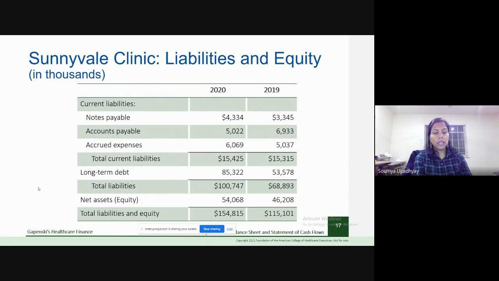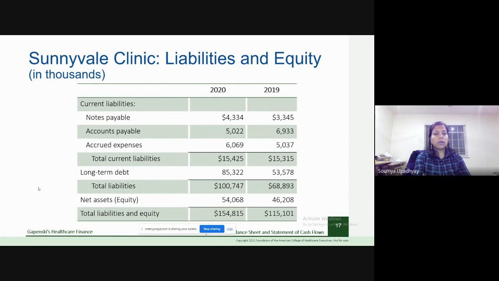And then what other things are included in the liabilities and equity section of the balance sheet? Do we see long-term debt here?